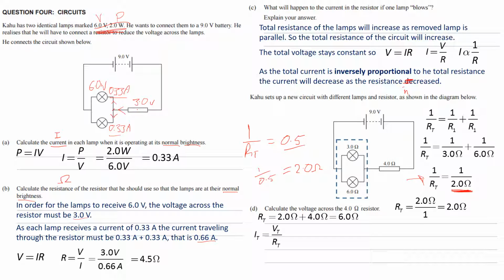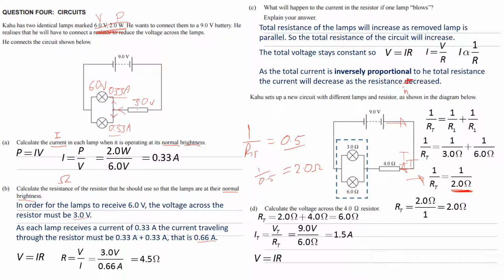Remember, I need the current to go through here to find out what the voltage is. So the total current using Ohm's law equals the total voltage, which is 9 volts, divided by the total resistance, gives us 1.5 amps. So now I know what the current is going out of my cell, out of my battery, and therefore I know what the current is going through here.